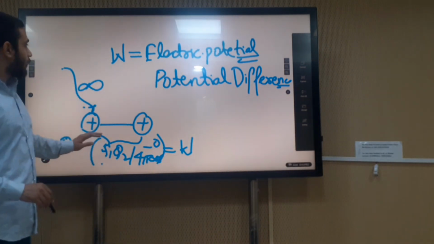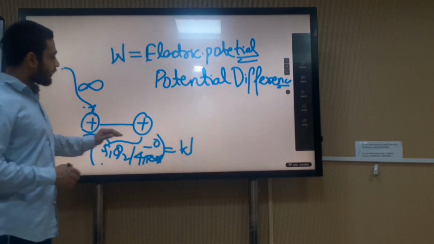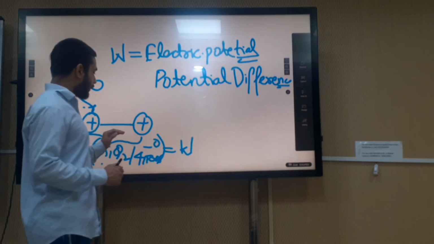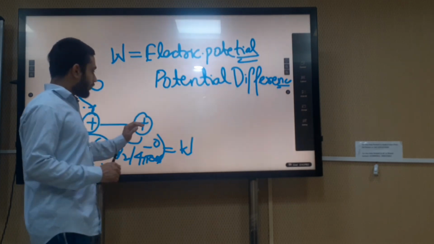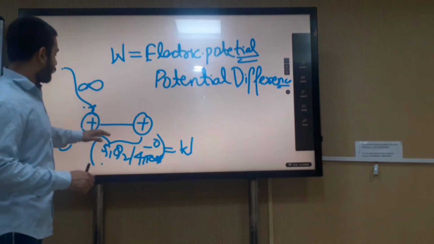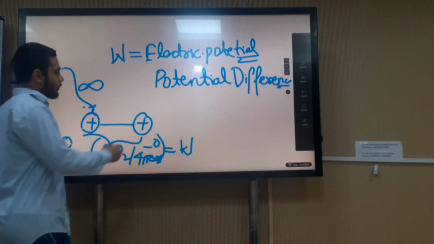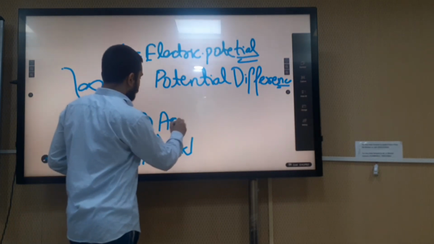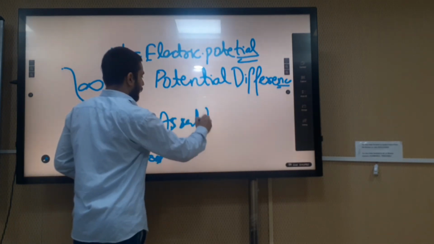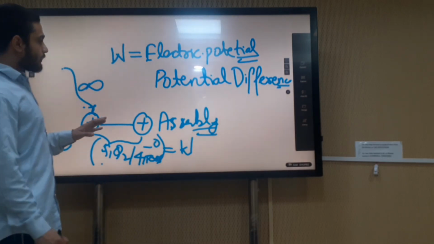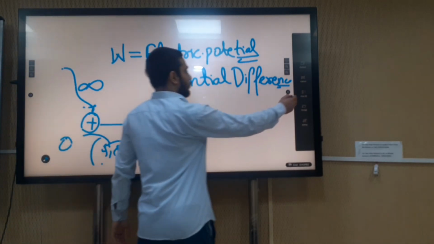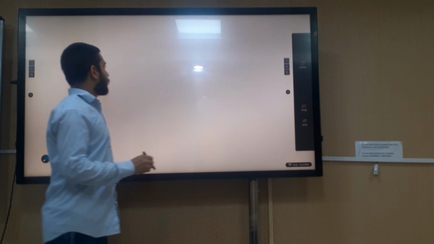Okay, so like this we will solve the question. Okay, what is the work done? Work done is nothing else but the change in potential energy in forming this assembly. Okay, this is an assembly. Okay, so in this language only the question will be asked. Okay, so suppose that there is one question like this.